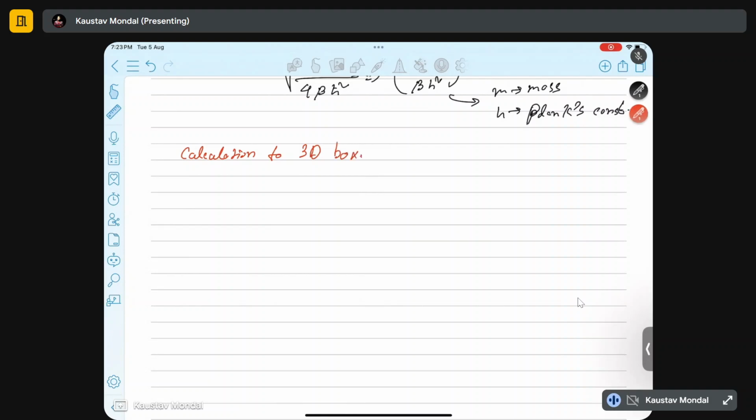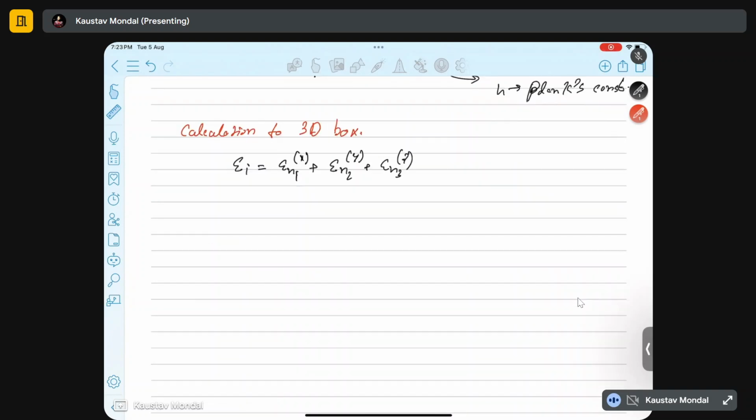Now in a 3D problem, you know, there are three energy degrees of freedom, right? So the energy at the ith state is divided into three types: En1, that is x coordinate, En2, that is y coordinate, and En3, that is z coordinate.